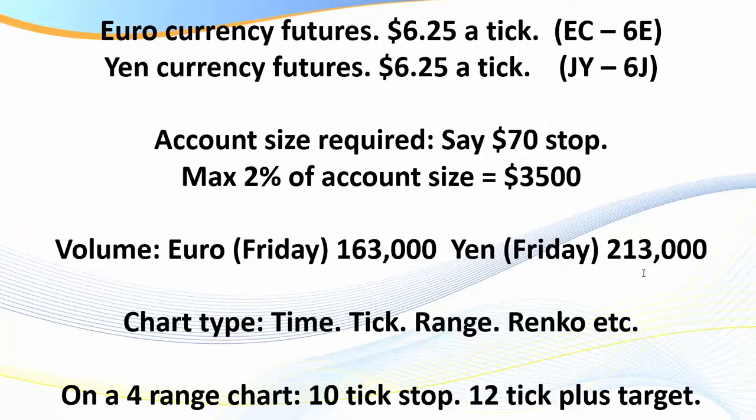As a comparison, the ES had 2,181,000 contracts traded, the NQ 442,000, gold 379,000, and CL, the black gold, 719,000. So it's right at the lower end. However, 163 to 213,000 contracts is still a healthy range.